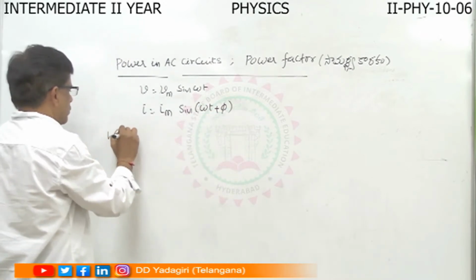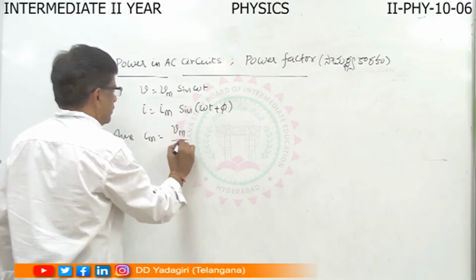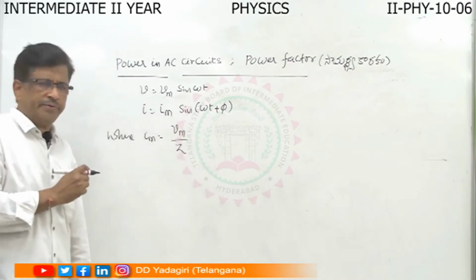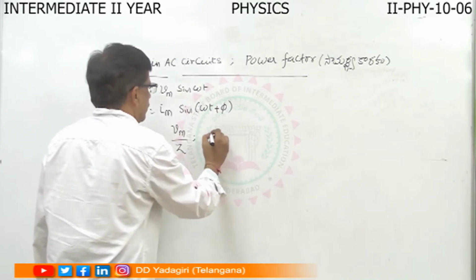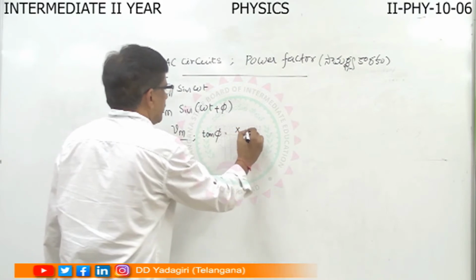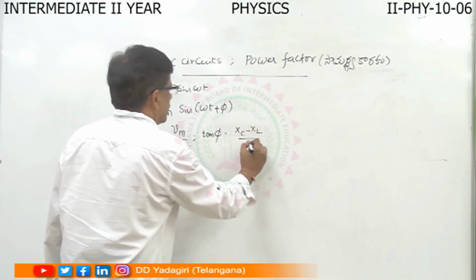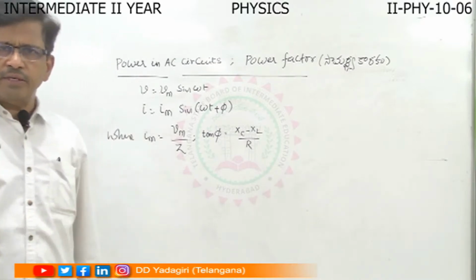Where Im is equal to Vm by Z, Z is the impedance, the total resistance of the circuit, and tan phi is equal to (Xc minus XL) by R. These are the equations we derived in the case of the LCR circuit.